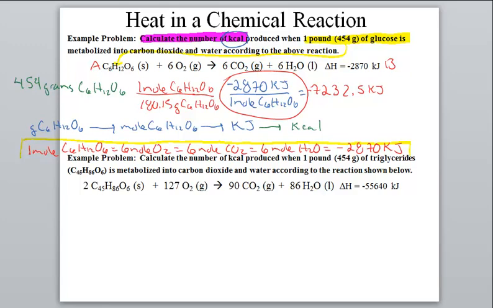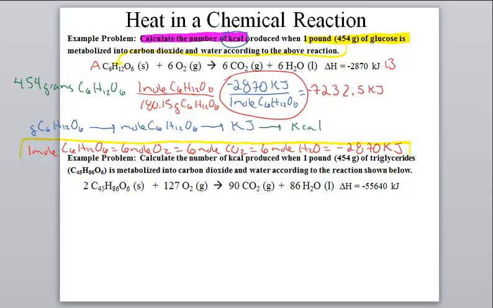So more than 1 mole is reacting, so it makes sense that the amount of energy that's being released is greater than 2,870 kilojoules. And as far as kilojoules, it's 7,232.5 kilojoules of energy would be released if 1 pound, 454 grams of glucose is metabolized via this reaction.